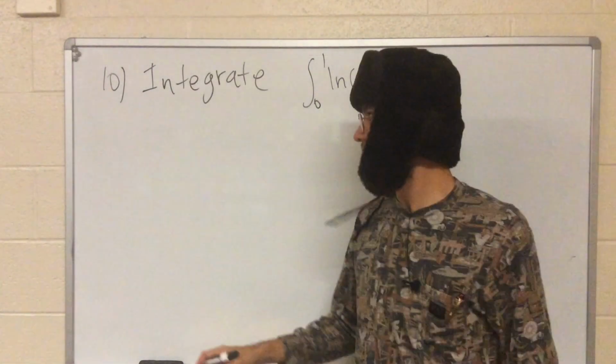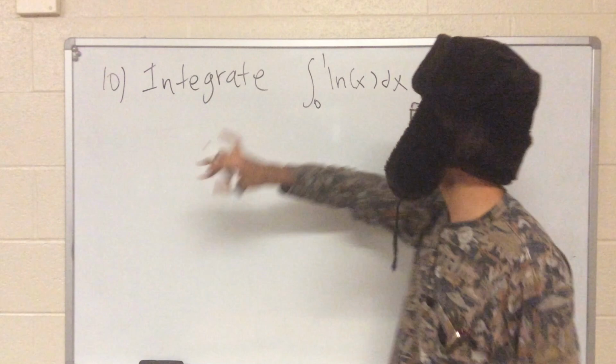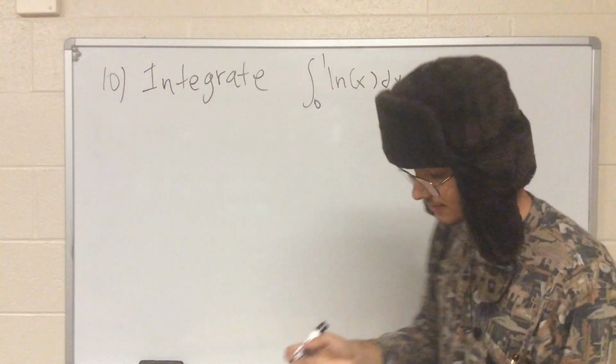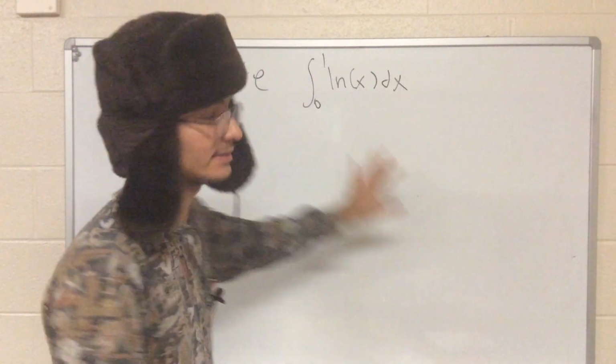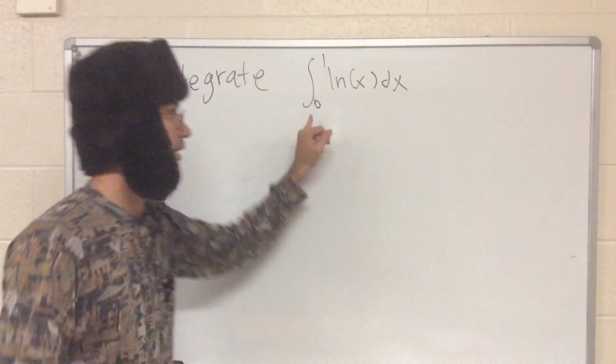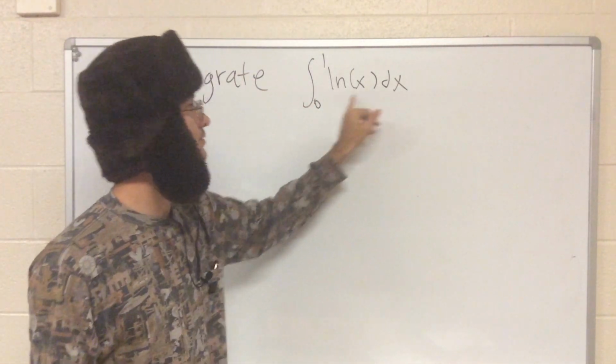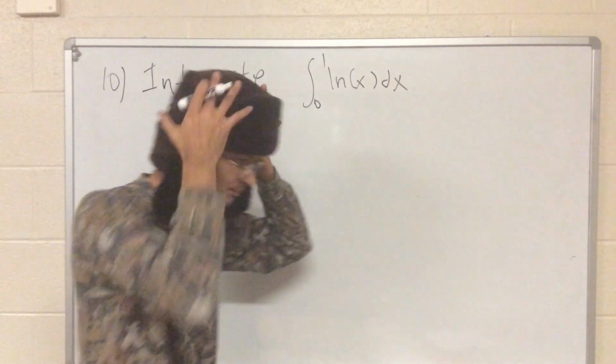Okay, so for question 10, we have the integral of ln of x dx from 0 to 1. So again, this is an improper integral because ln of x is not defined at x equals 0, right?